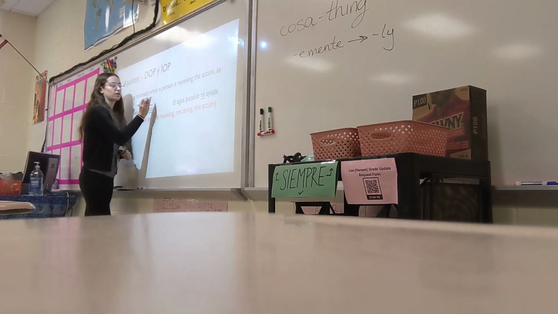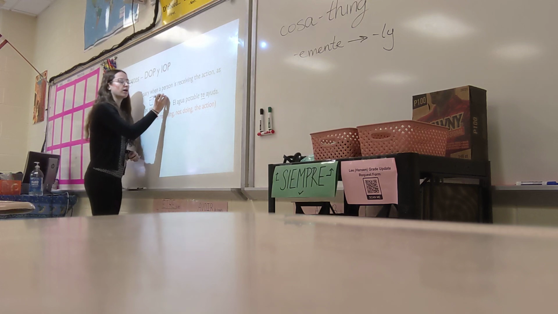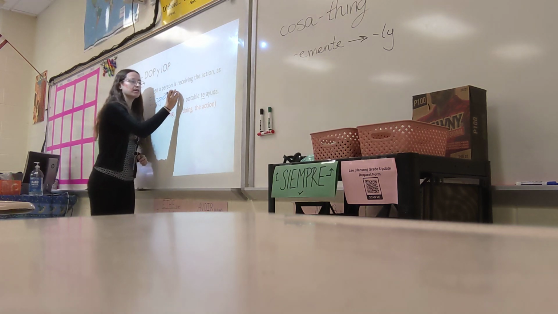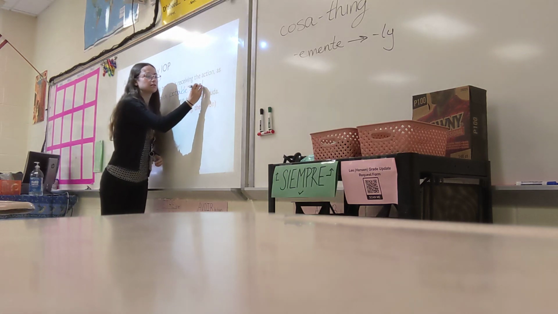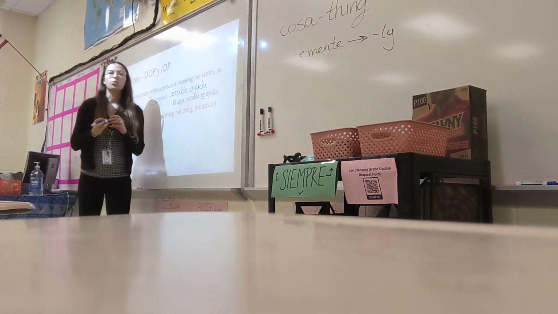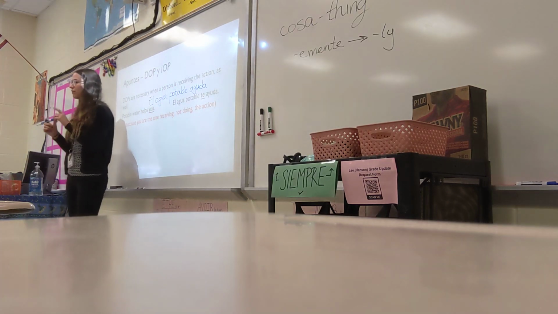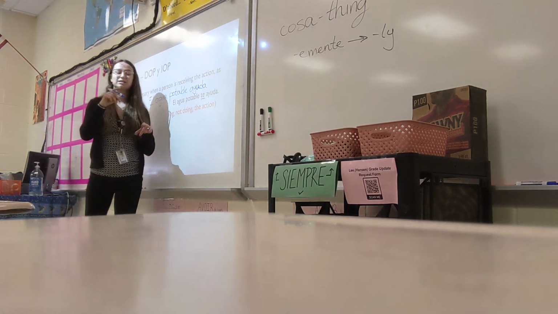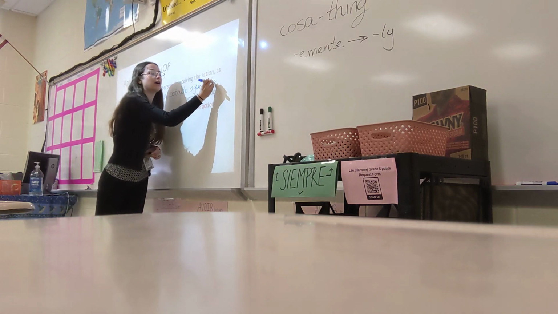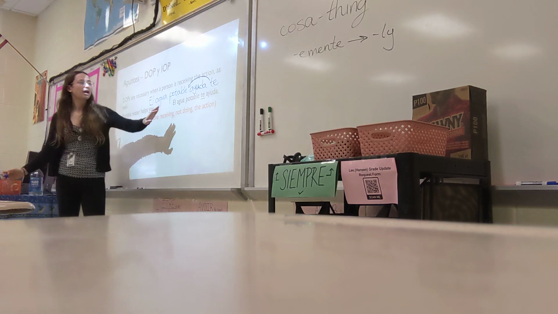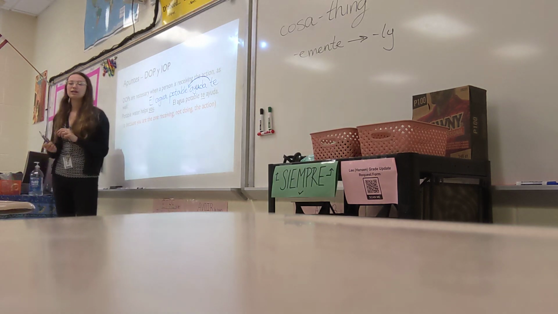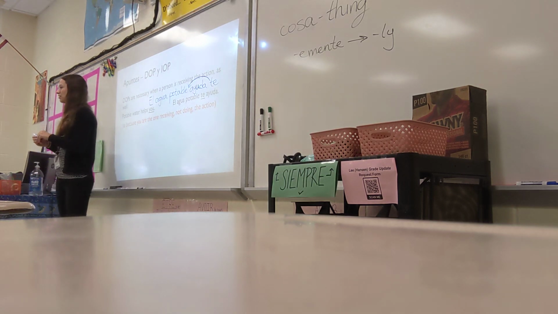So, el agua potable ayuda, helps, ayuda. What is my direct object pronoun for you? Te, on your list, yep. And then our direct object pronoun jumps before the verb. So we end up with el agua potable te ayuda.